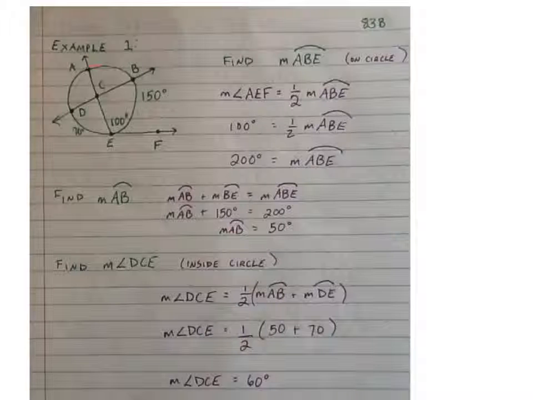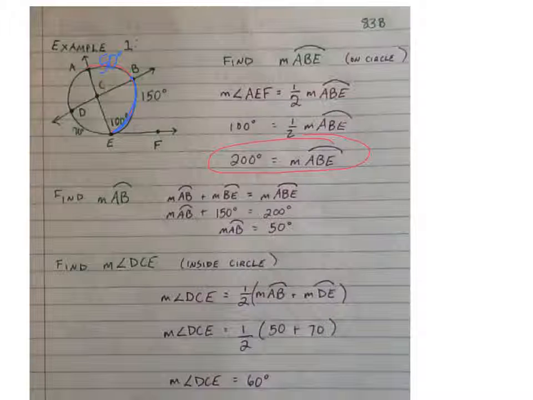So we now know that ABE is 200 degrees. The second part of the question asks us to find the measure of AB. Well, if BE is 150 and ABE is 200, then we know that the remaining piece is 50 degrees.